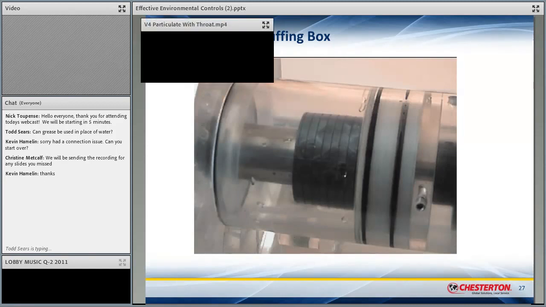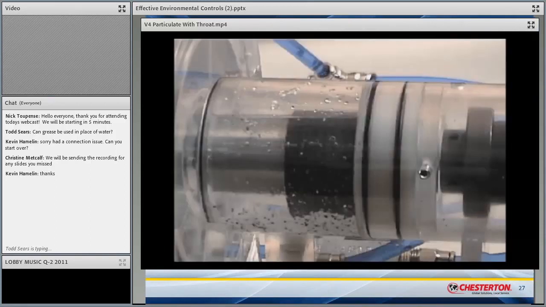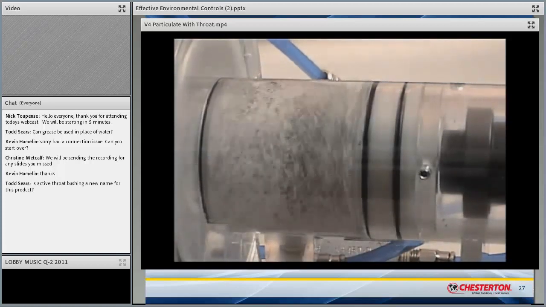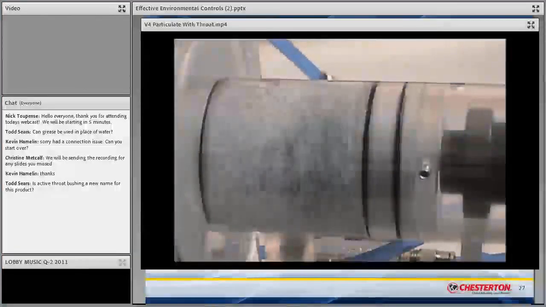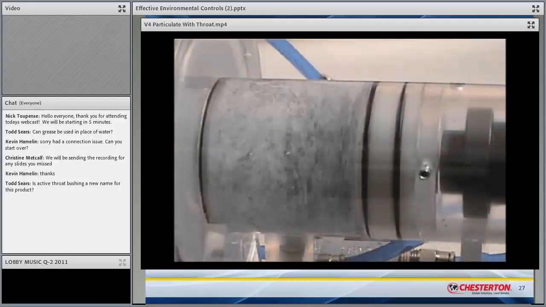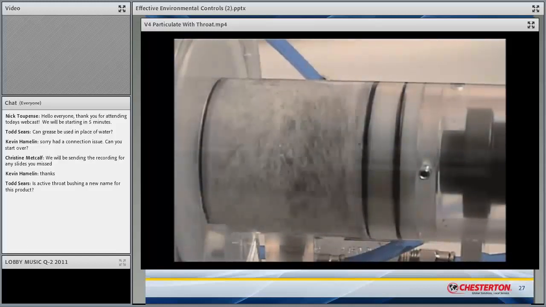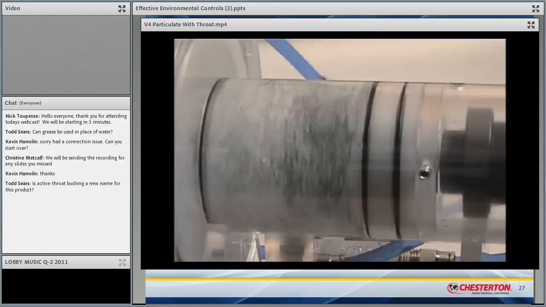Public enemy number two for mechanical seals is dirt. This is a typical stuffing box without any environmental controls. You see the solids banging around those seal faces, possibly doing damage. The minute particles in the entrained solids are actually migrating across those faces, potentially doing damage.